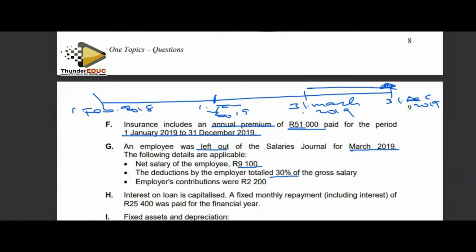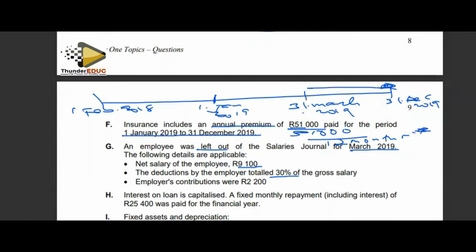So we need to get this 51,000 and divide it by 12 months to determine the amount for each month. So 51,000 divided by 12, I'm getting every month we are supposed to pay an insurance of 4,200, and just a moment.